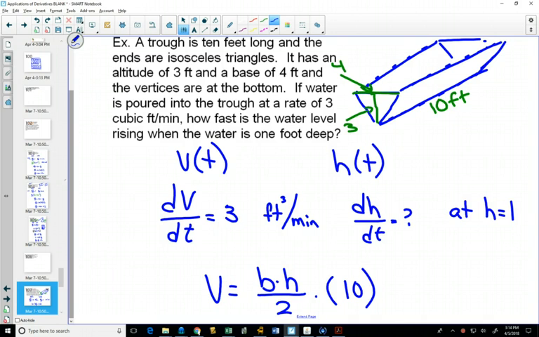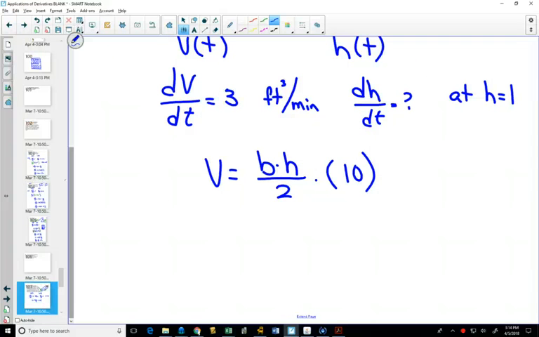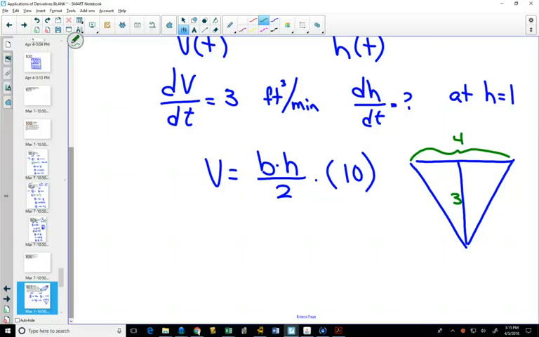Now, we have a problem here because we've got an extra variable. We've got our base. So we need to figure out a way to relate our base to our height. Now let's look at that triangle off to the side here. We know that when it's completely full, the altitude was 3, and your base here is 4.